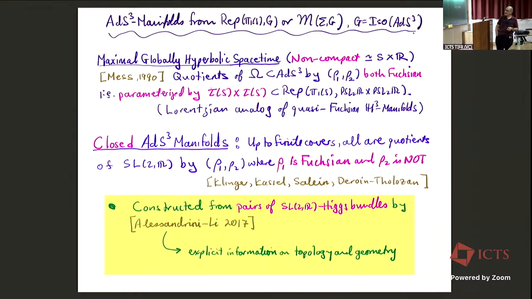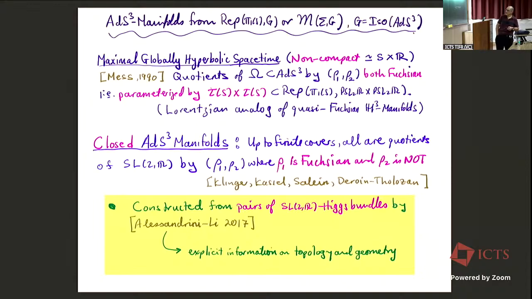And there's a famous result by Geoffrey Mess that classifies these by a pair of points in Teichmüller space, or really by a pair of Fuchsian representations, so representations into SL2R, both of which are Fuchsian. And that gives you a classification of these.